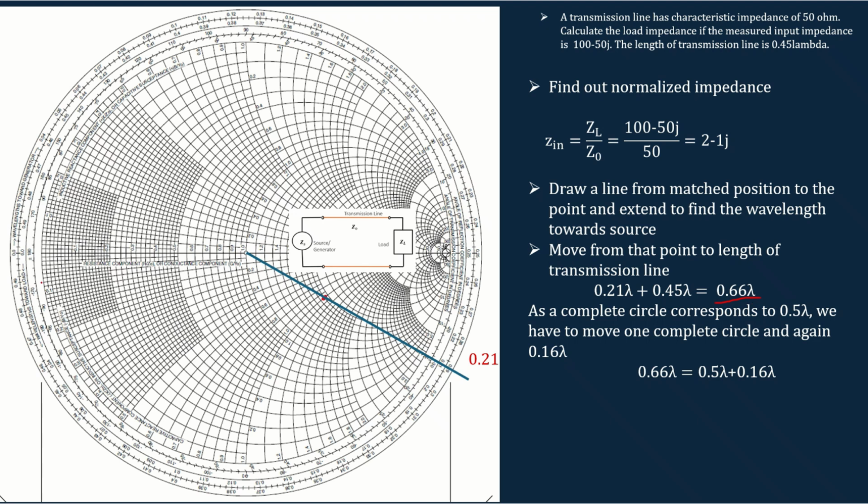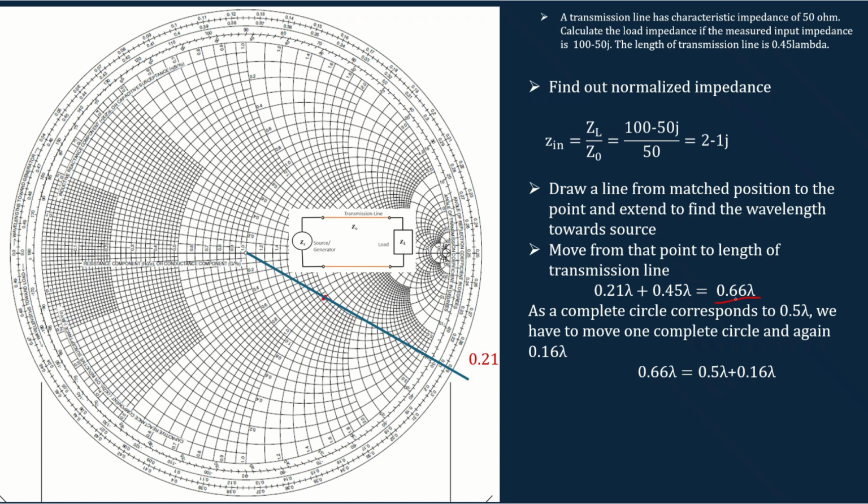We know that if we consider a complete circle, we can trace the wavelength towards the load from here. It starts from 0, 0.04, 0.05, and like that if you extend, you can see that it will extend to 0.49, 0.5. So one complete circle corresponds to 0.5.